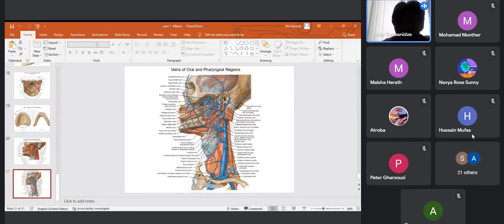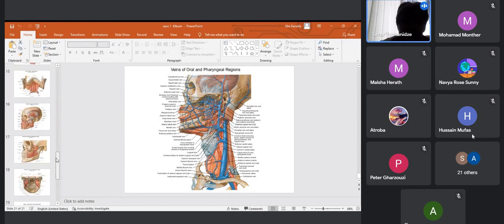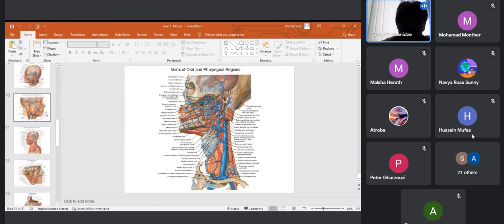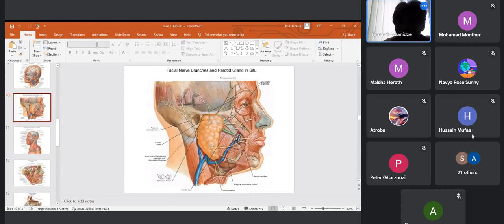Retromandibular vein. And this is retromandibular vein, which is present in the parotid gland. The structure which comes from the parotid gland is the parotid duct.